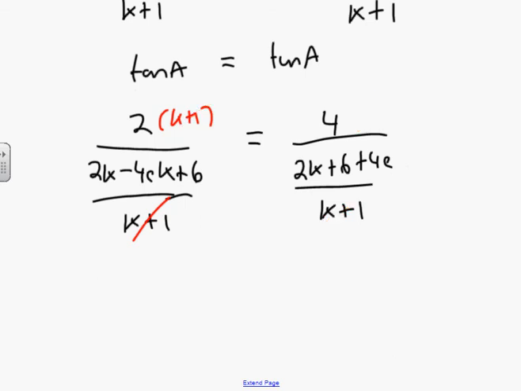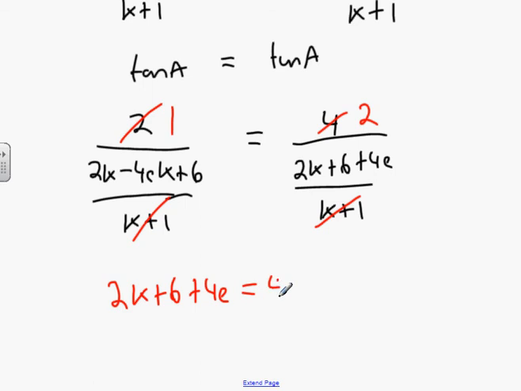Okay, now next thing is I'm going to use the 2 and the 4 against each other to turn it into 1 and 2. And then I'm going to use this 2 down here with, actually no I won't, it's easy enough. Just cross multiply now. 2k plus 6 plus 4e equals 4k minus 8ek plus 12.